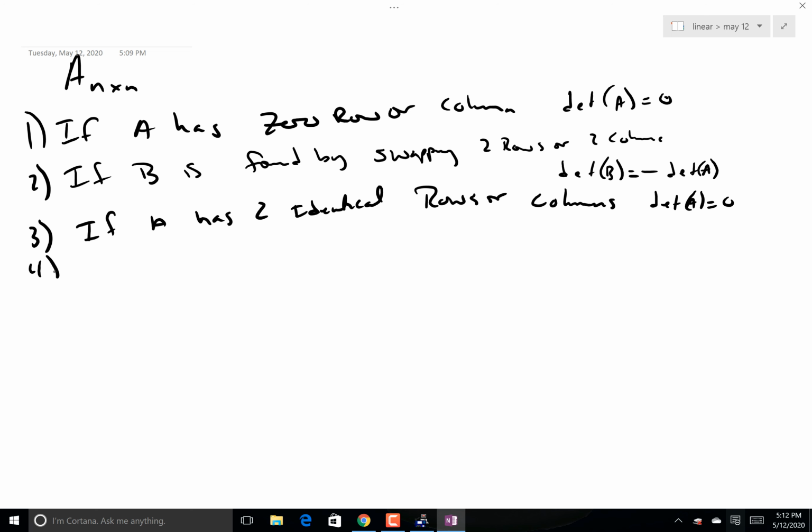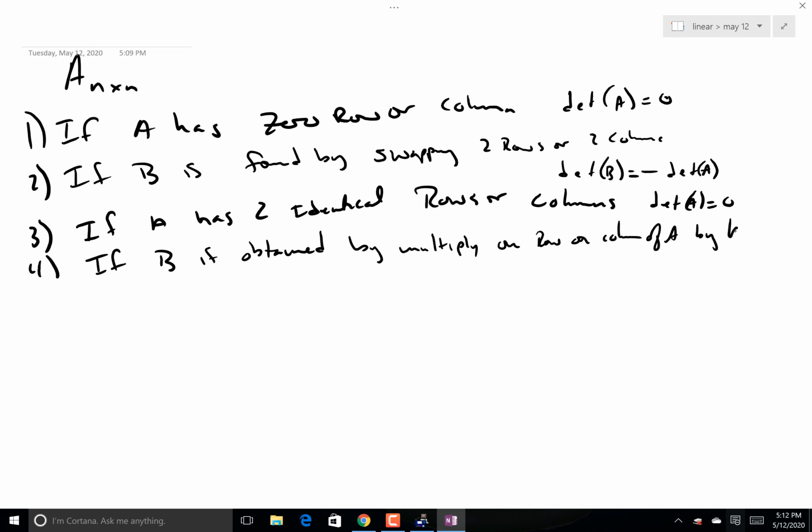If B is obtained by multiplying one row or column of A by a constant K, the determinant of B is equal to K times the determinant of A.